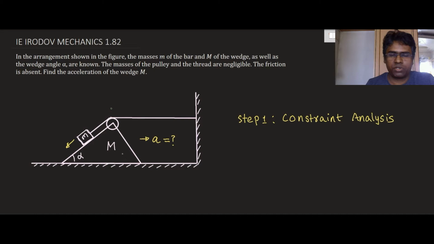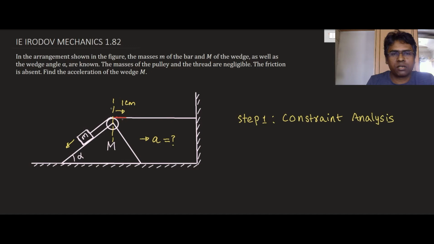So in this case, if I imagine a vertical line here, and suppose I'm holding the block and making sure that it does not move relative to the wedge, and I take this wedge and move it to the right by 1 centimeter, then I have 1 centimeter of string slack to the right of the pulley.